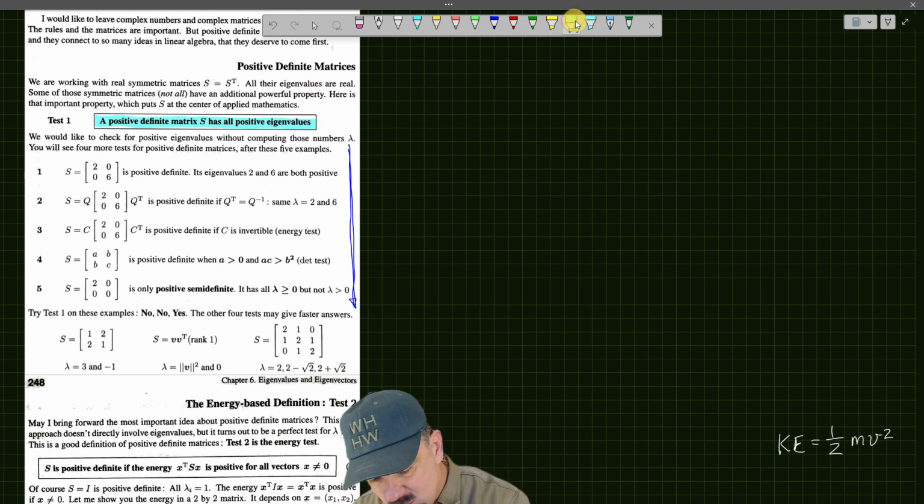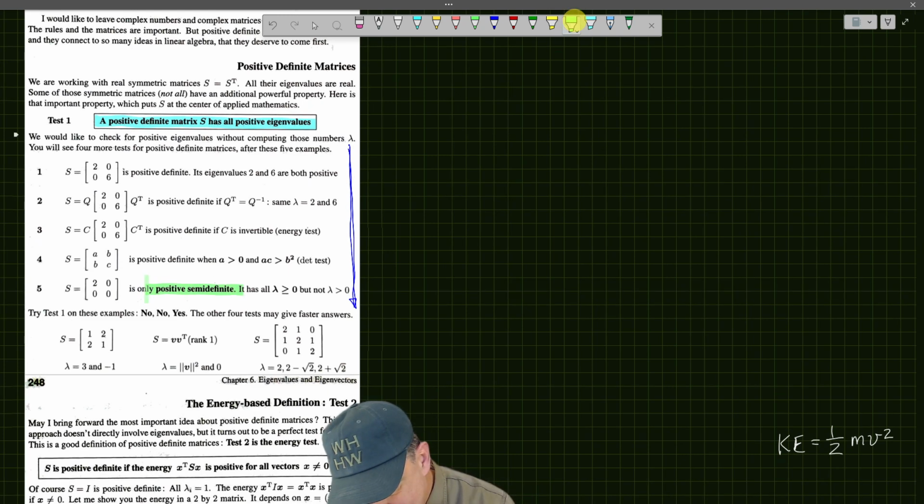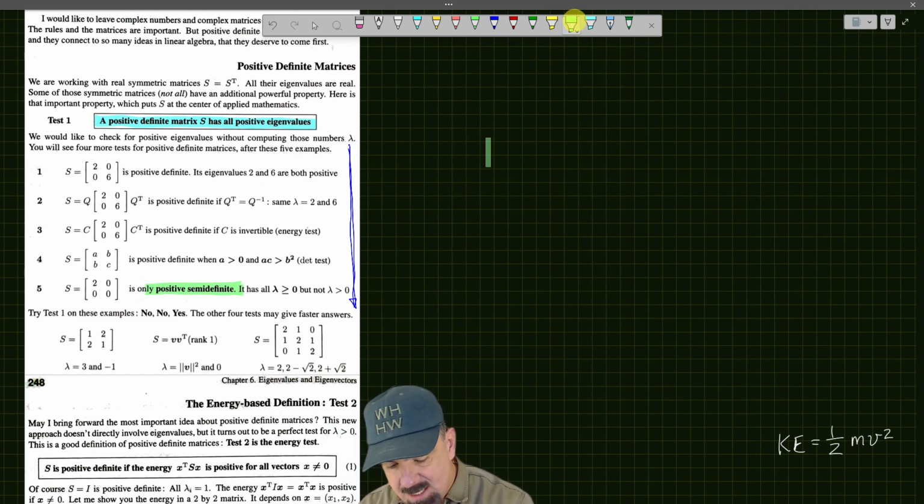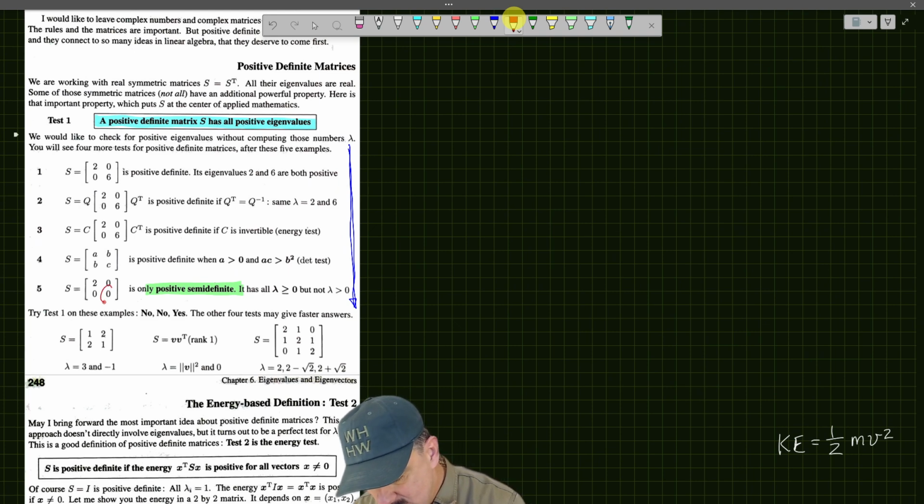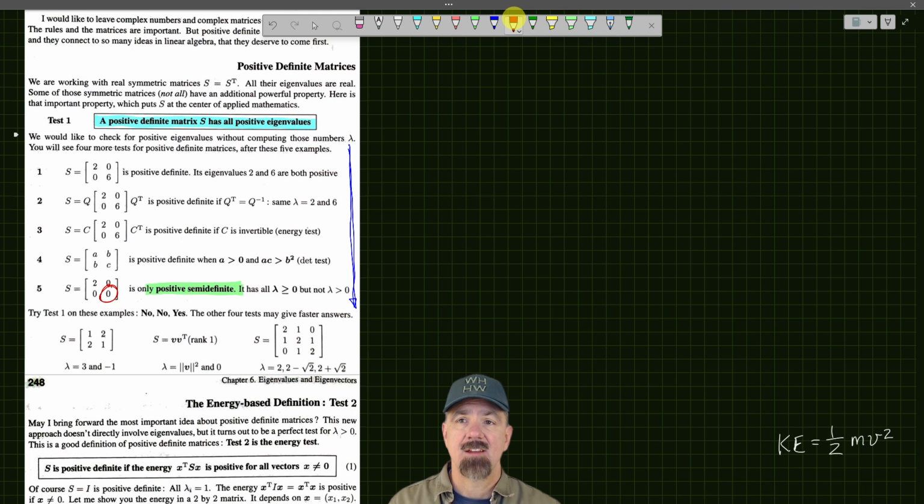Importantly, he provides us with an example of positive semi-definite. So this is the case where, and we'll just highlight it, you can see that we have a 0 eigenvalue. So we have a triangular matrix, or in this case, a diagonal matrix with the eigenvalues of 2 and 0. This is positive semi-definite because we could end up with the energy equaling 0.